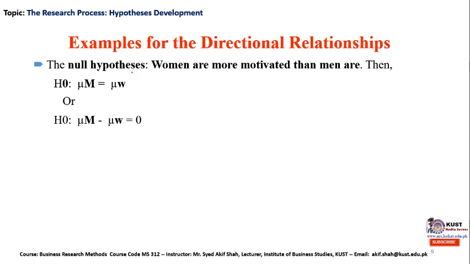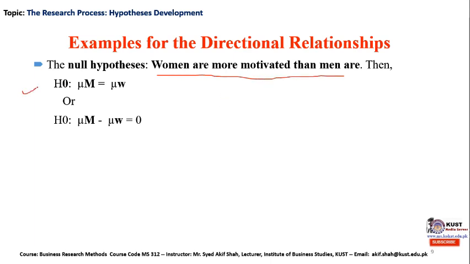The null hypothesis can be, let us take another example, that women are more motivated than men. In the organizations, we are talking about reaching the executive levels. Women are more motivated than men on the job. So how can we formulate such a testable statement into null and alternative hypothesis?